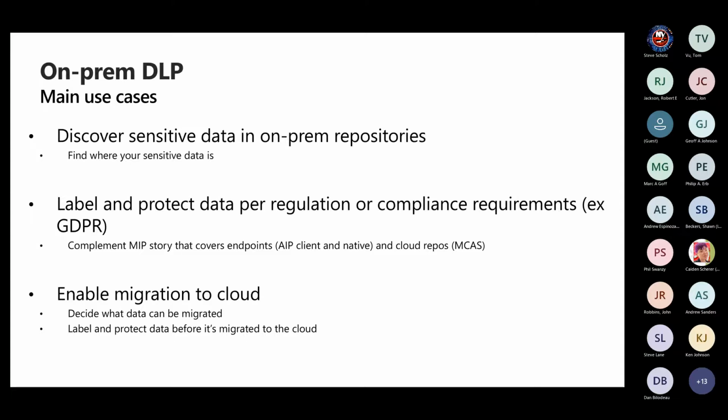Within our on-prem data loss prevention, we do have the ability to run on what we call our AIP, or Azure Information Protection Scanner. If you have the AIP scanner already in your environment, then when you do the data loss prevention side here, we're using the same technology to go through, of course, discovering the sensitive data that you have within your on-prem repositories.